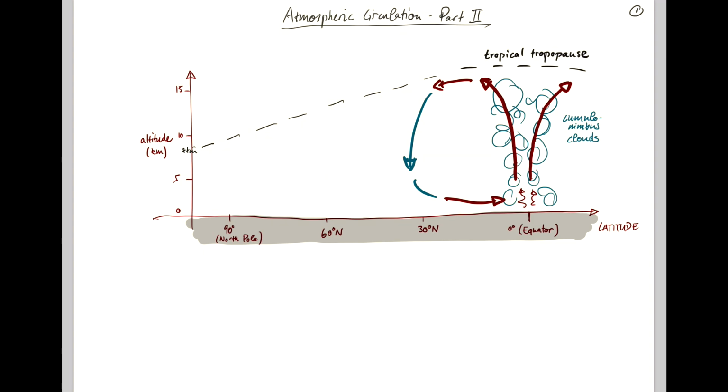And this is what's called the Hadley cell. This region here at the equator is known as the intertropical convergence zone, or short, ITCZ.